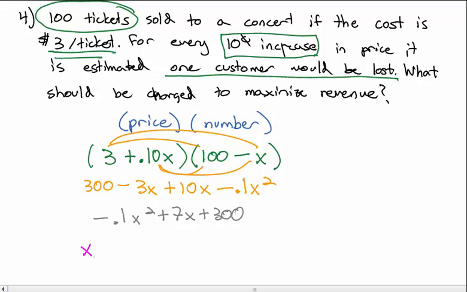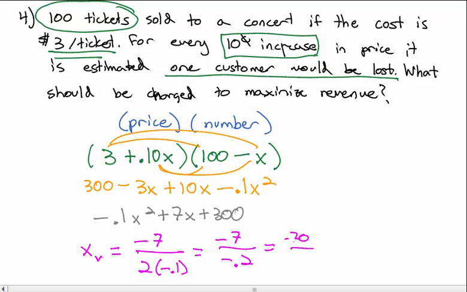And then the vertex on x is going to be at the opposite of b, negative 7, over 2a, 2 times negative 0.1, negative 7 over negative 0.2. Move the decimal over, we've got negative 70 over negative 2, which reduces down to 35.